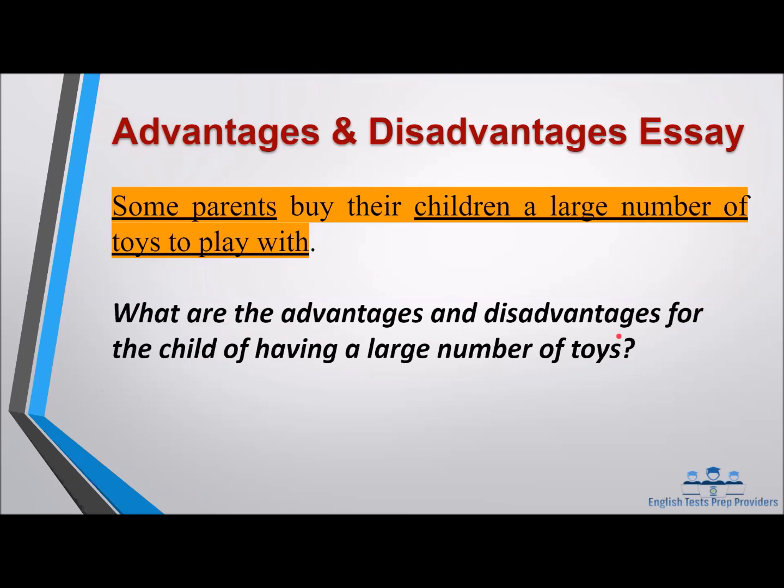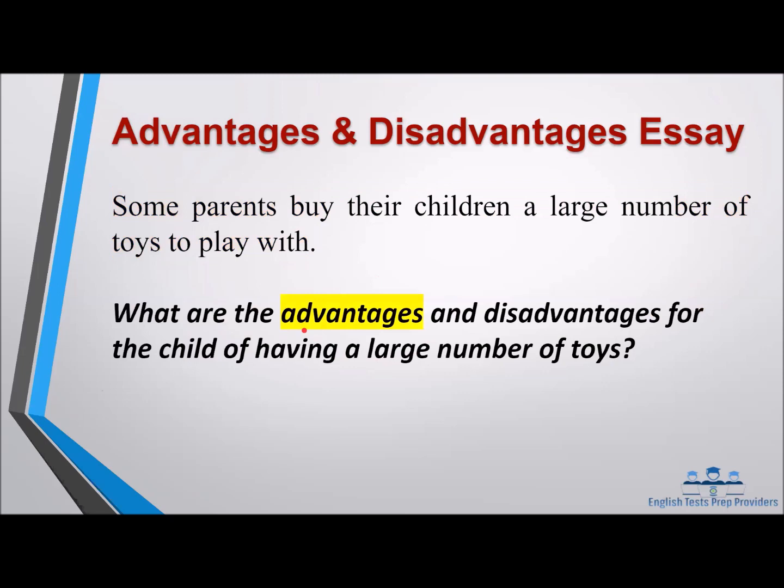Now, IELTS candidates, you have to keep in mind the singularity and plurality of the terms. Does this essay ask you to give only one advantage or at least two advantages? You really have to keep in mind the plurality. It says advantages.